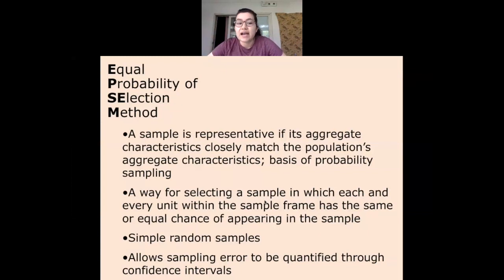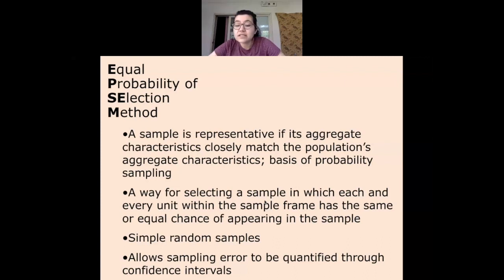So this is an acronym that the book uses. Some other research methods courses use this acronym, and it's called EPSEM. So it's Equal Probability of Selection Method. So this is a way that you can remember what allows us to make generalizations from our sampling and our research. Because if our sampling is non-probability sampling, then we can't make generalizations about the larger population that we're interested in.